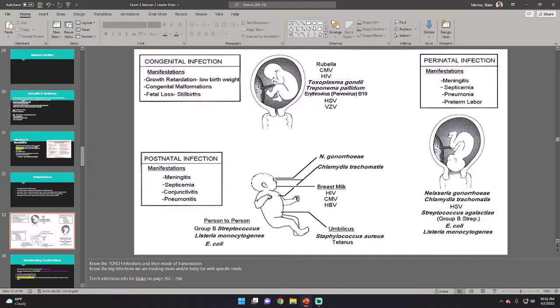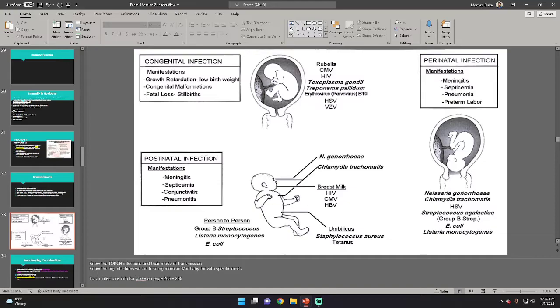Okay, with C, that's going to be cytomegalovirus. Cytomegalovirus is a respiratory or sexual transmission, and the neonate can actually contract this during delivery through the infected birth canal.